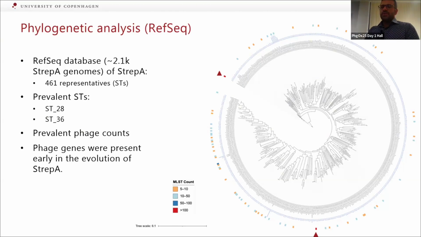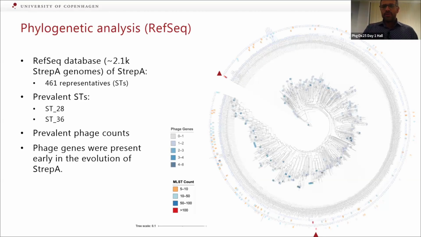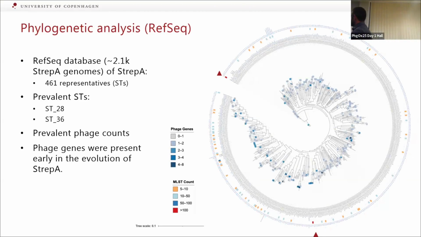And as I mentioned before, the superantigens are mostly prophage encoded. So we have included 8 of them in our analysis and MLST methods, and we wanted to see where these fall in the branches. And if you see, they were there since the beginning, but then they are quite mobile, and they're distributed across all the branches.